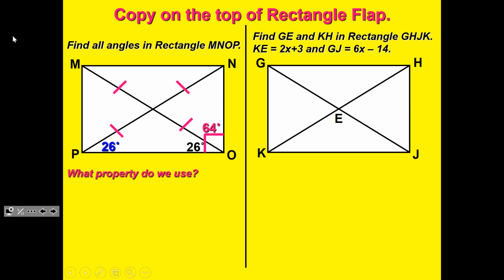All right. So because my diagonals are congruent, we know we've got our isosceles triangles, right? So just before we said that the base angles are congruent, right? So 26 here and here, where else is it going to be 26? Right, here and here, right at the top. Good.